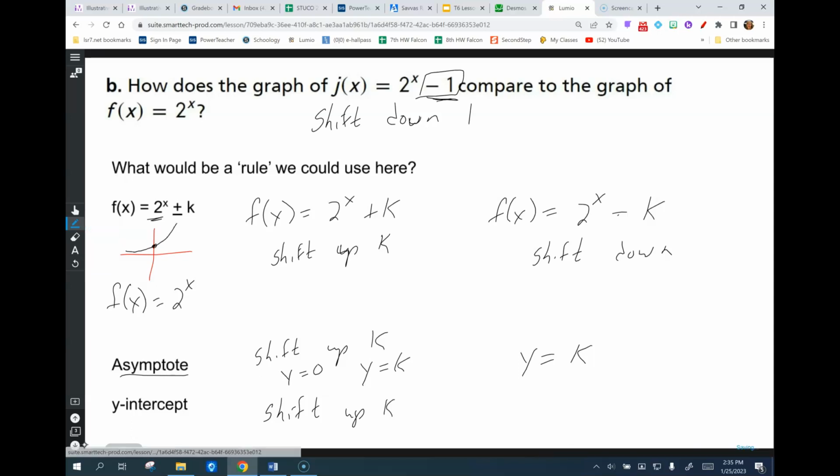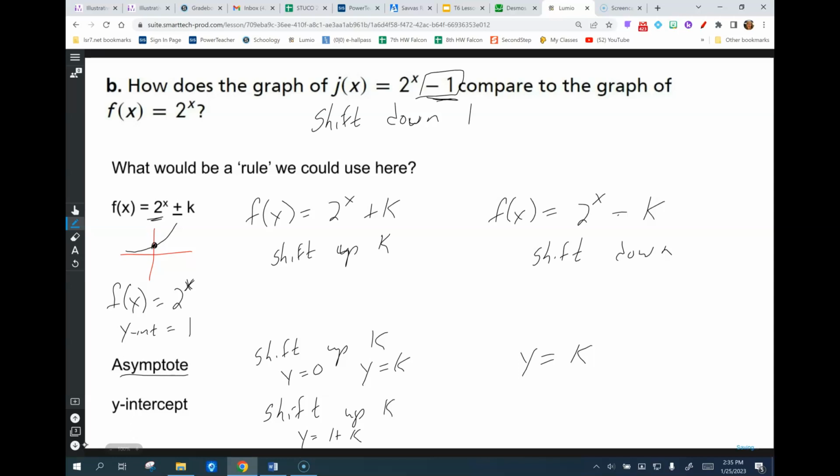What's my y-intercept? Well, my y-intercept for this one is going to be 1, because whenever I plug 0 in for x, I get that my y-intercept is 1. So my y-intercept is also going to shift up k. So if my y-intercept is usually 1, this is going to be 1 plus whatever k is.